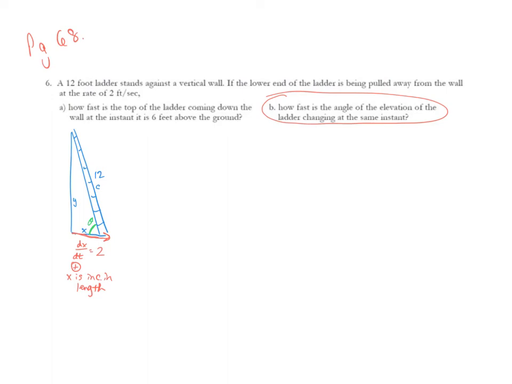I'm given something about the adjacent side to my angle, and I know something about the hypotenuse to that angle. Well, that leads me to believe that I am going to be using a cosine function here, because that would be using your adjacent and your hypotenuse in order to help us find that angle.